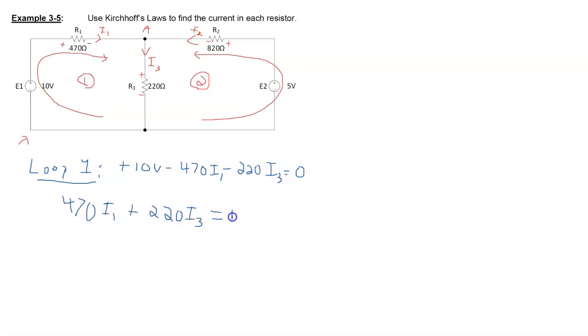And so that becomes equal to 10 volts, or just 10. And that is equation 1. Now, I can solve that right now for I1 in terms of I3 if I want. But before we do that, let's go ahead now and write KVL for loop 2.